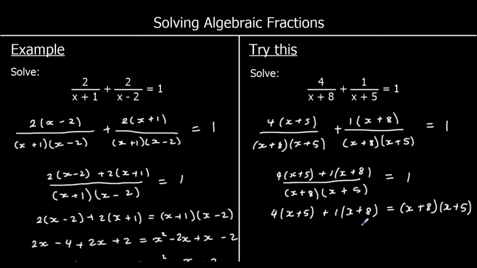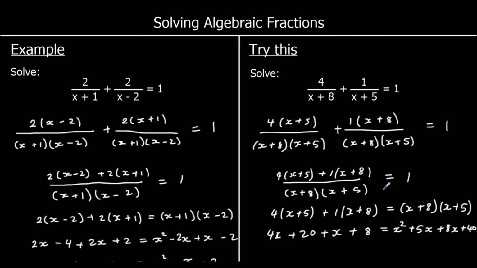So expanding the brackets, 4 times x is 4x, 4 5s are 20, 1x is x, and 1 8 is 8. X times x is x squared, x times 5 is 5x, 8 times x is 8x, and 8 5s are 40.